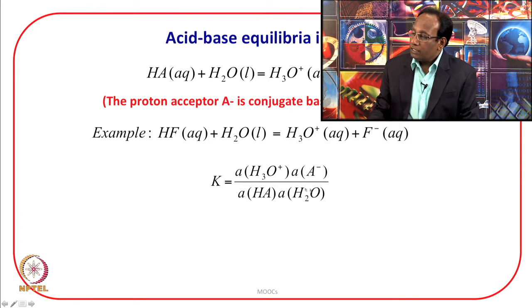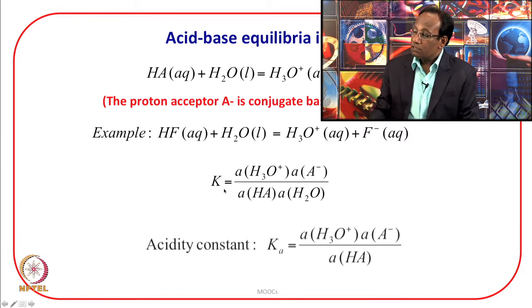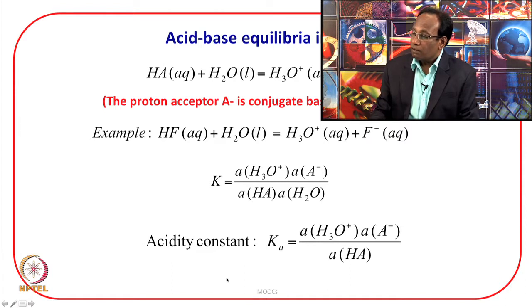So, by taking the activity of water as unity and combining it with the equilibrium constant K, I can write another constant which is called the acidity constant. When I convert this expression into acidity constant, the activity of water is consumed into it by treating the activity of water to be equal to 1.